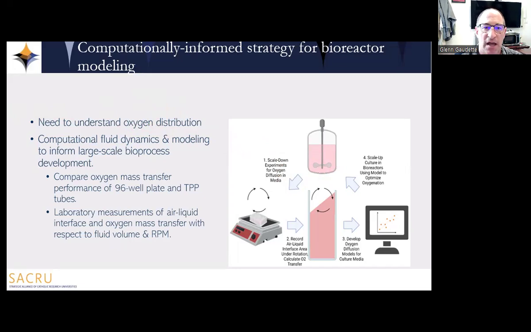What happens when we have more cells or fewer cells in there? This gives you a general idea of some of the things involved in trying to get a computational model of what's going on inside that bioreactor so we can try to optimize the RPMs and some of the other things that we can control in these bioreactors.